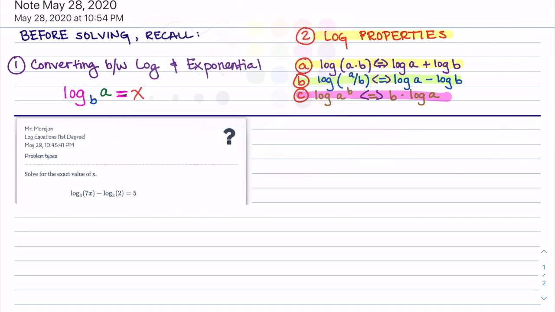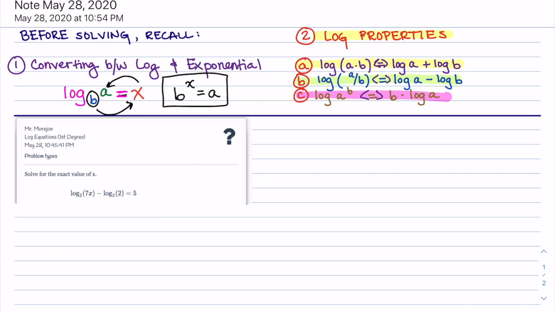Remember the loop-de-loop trick. So we take this as our base, this is our power, this is our answer. So it would be b to the x power equals a. So just keep that in mind because that's going to be super useful in these examples.